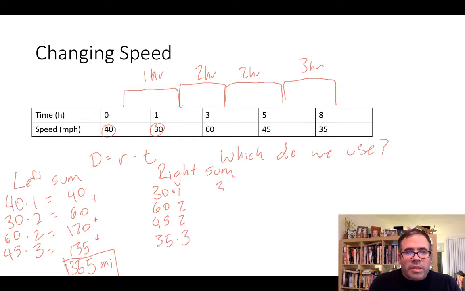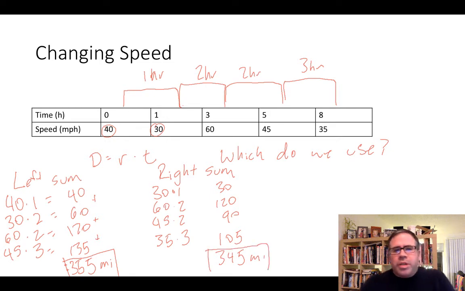So that would be 30, 120, 90, and 35 times 3, 70, 105. Add these all up. Let's see, 150, 240, 345 miles.